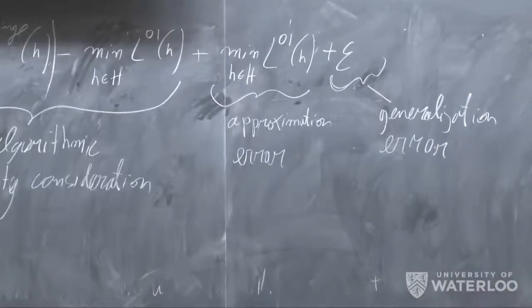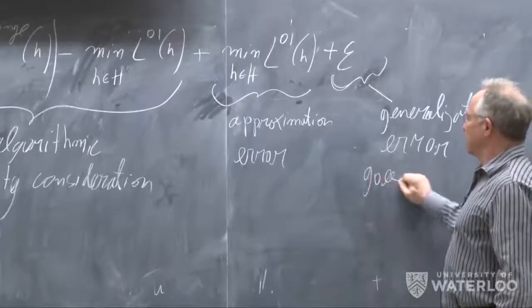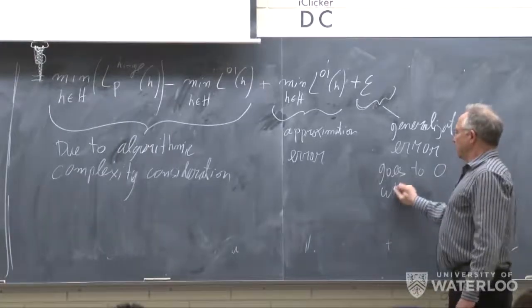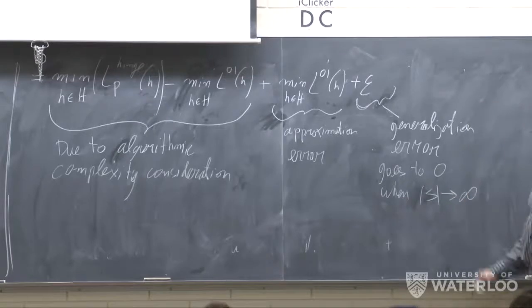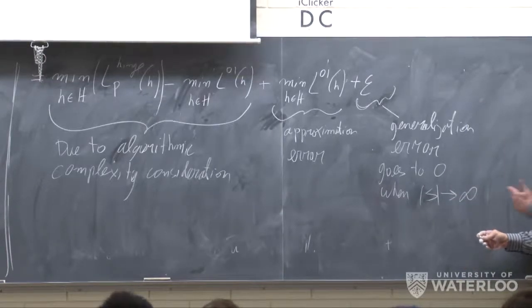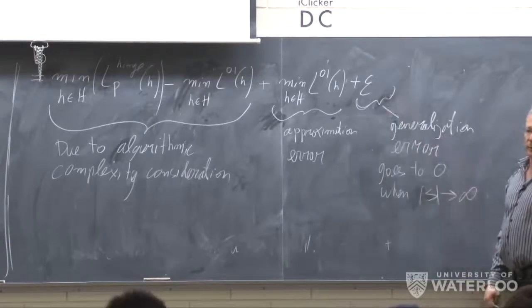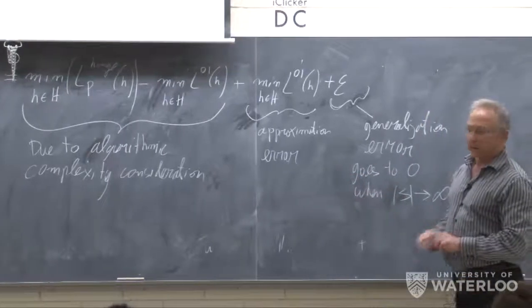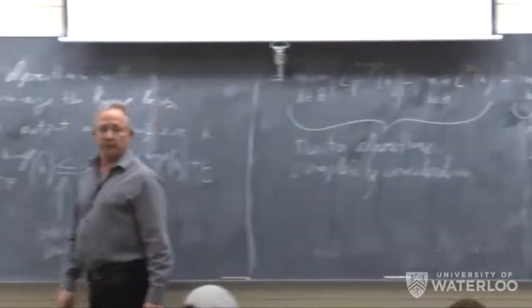This is what we bound with all our analysis. It goes to 0 when the sample size goes to infinity. This is what our theorems are proving. So we have three components of our loss if our algorithm is minimizing the hinge loss.